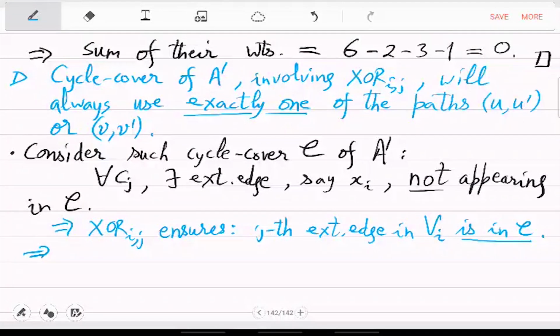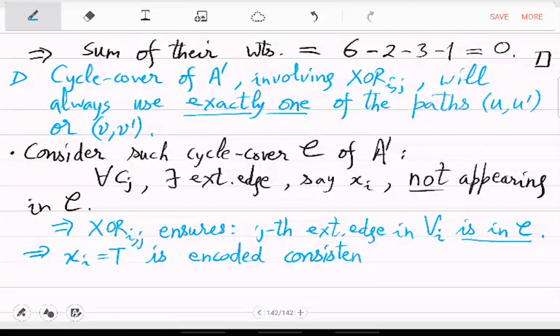So this implies that Xi equal to true is captured, is encoded consistently in all clauses. Okay, this information is now consistent. So this is consistent to setting Xi true in all the clauses. It's the assignment we have now encoded in the graph.